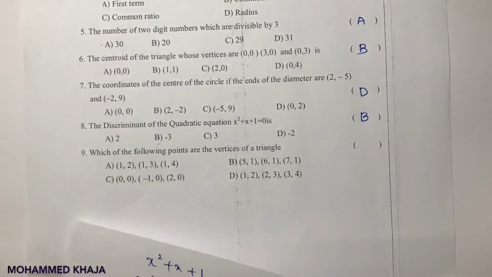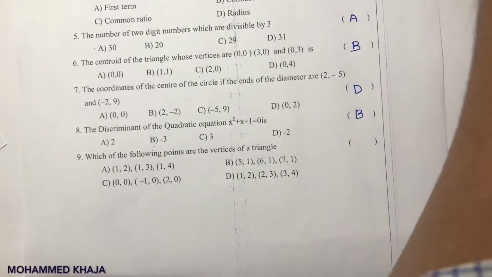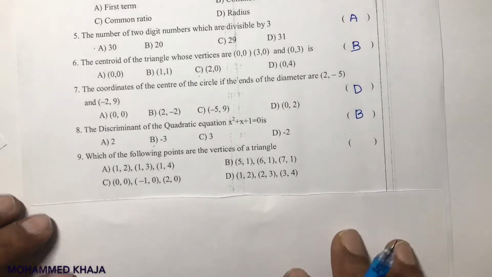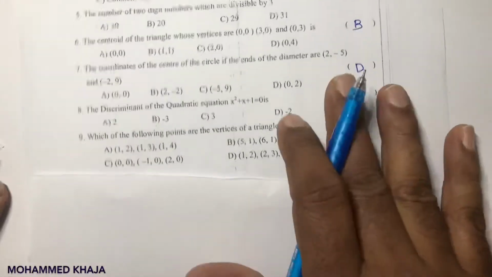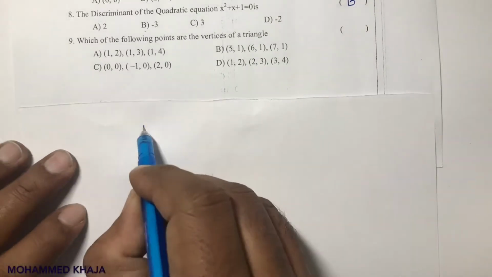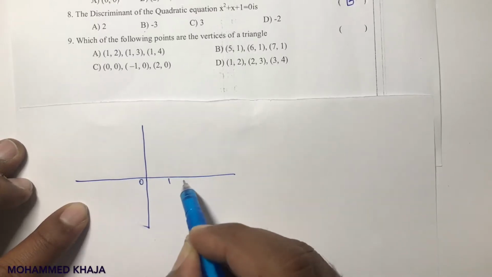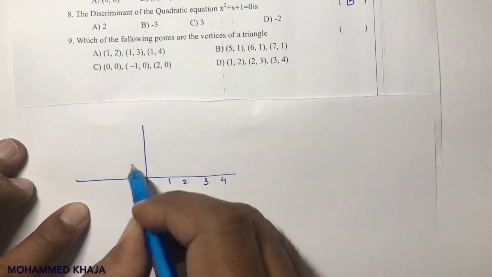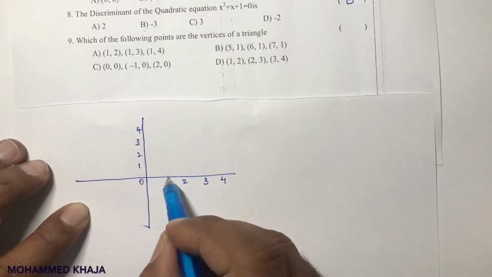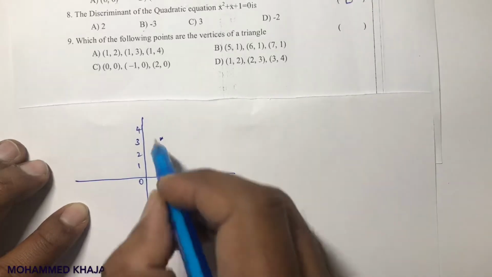Next. Which of the following are the vertices of a triangle? Now see, if you observe these vertices carefully. Here, the first one, just roughly I'll explain this. 1 comma 2, 1 comma 3, 1 comma 4.